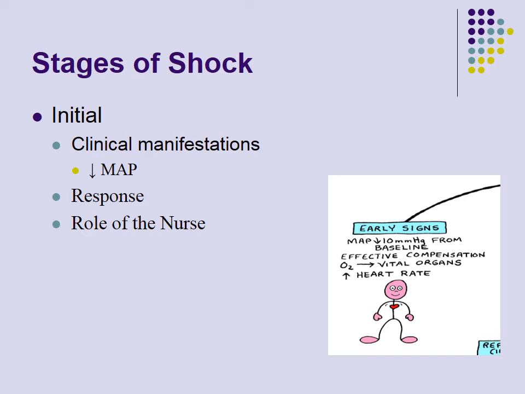The response we'll see is that our body will try to compensate, whether we've lost pressure from volume loss, vasodilation, or dropping cardiac output. Whatever the reason is, our body's going to try and compensate. It will increase your heart rate, so you will see tachycardia. You will also see your respiratory rate increase, and your diastolic blood pressure will increase.